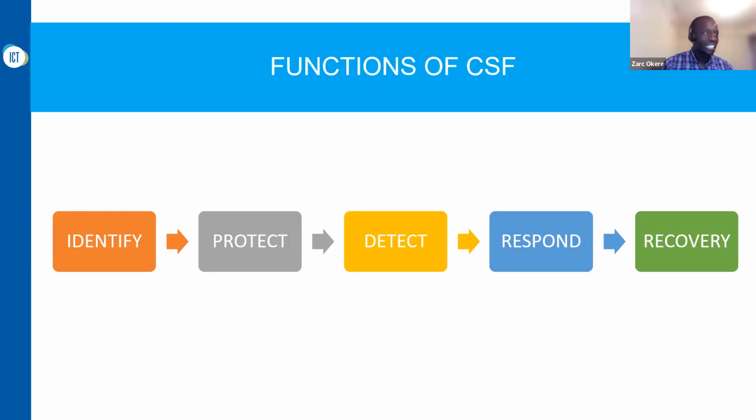After you've detected, then you respond to that threat, which includes the steps for taking action towards a detected cybersecurity event. Then the last stage in regards to the functions of a cybersecurity framework is recover. Now you've gone through all 4 stages, then the last one is to recover, and then you start the cycle all over again if a threat is detected.